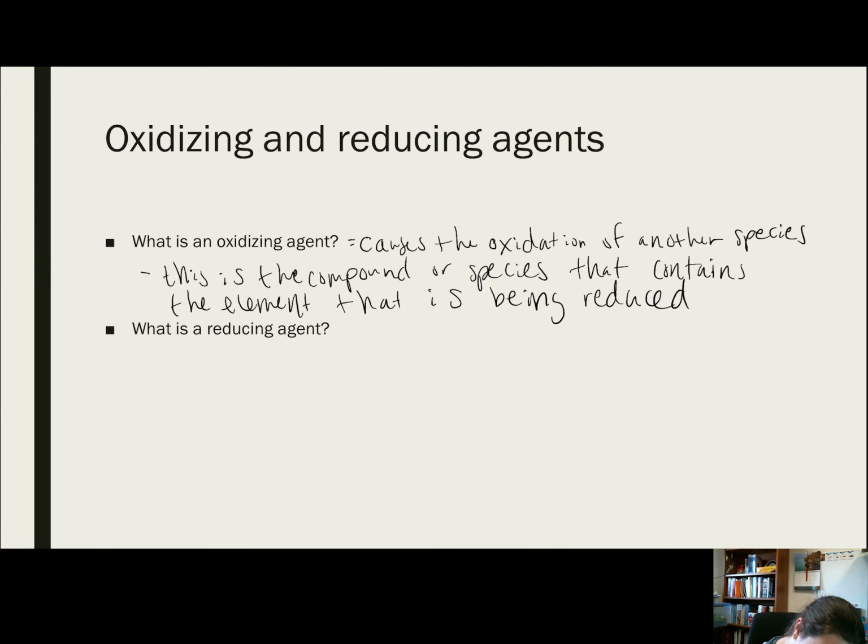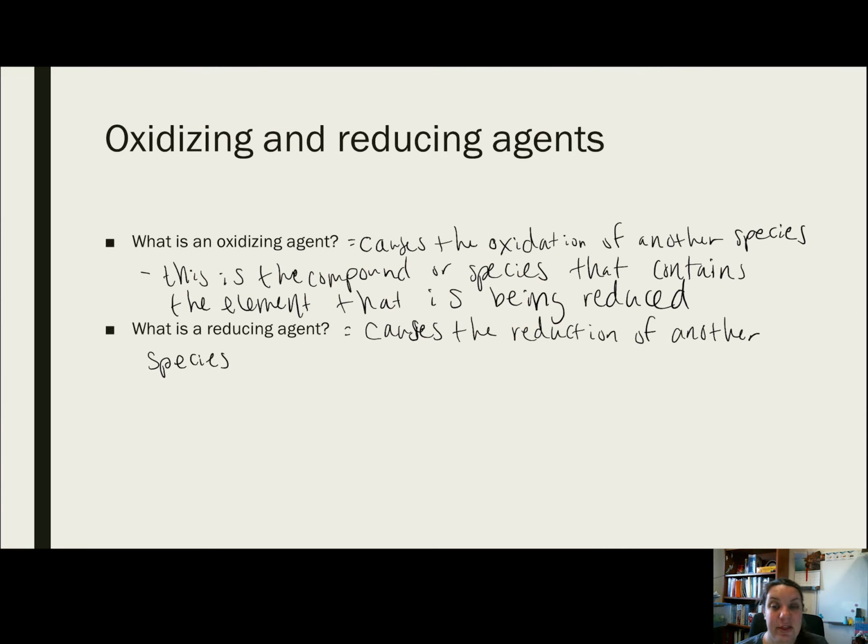Our reducing agent causes the reduction of another species. So it's going to contain the element that is being oxidized.